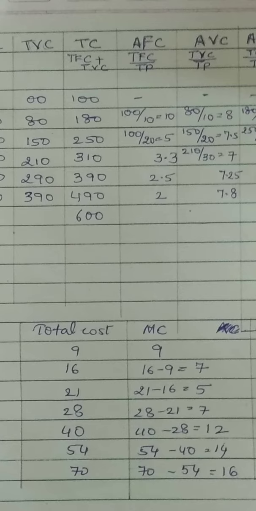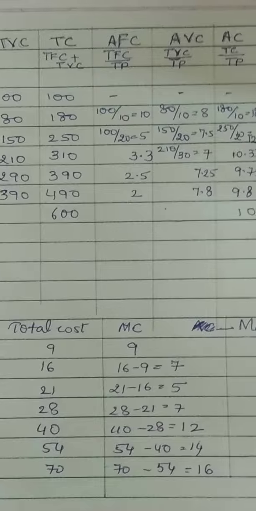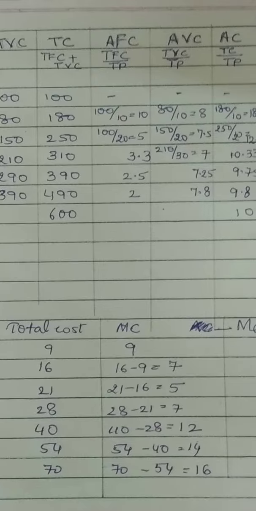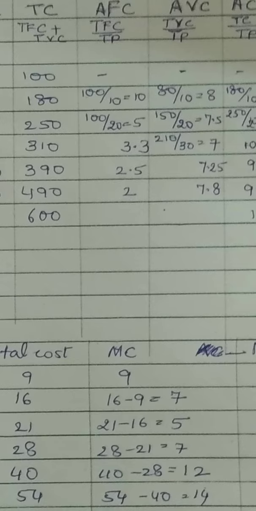So here you can see the next figure is 7.25, and after that we can see 7.8, that is obtained by dividing 390 by 50. So comparing these two figures, in the average fixed cost, the numbers go on decreasing. In the average variable cost, initially it decreases. After a certain time, it later goes on increasing.